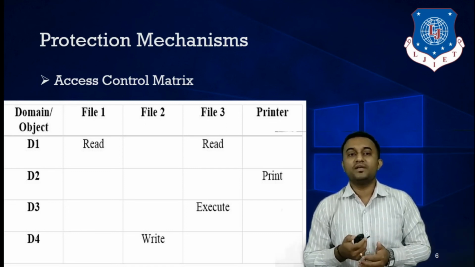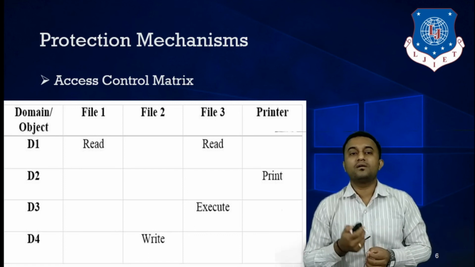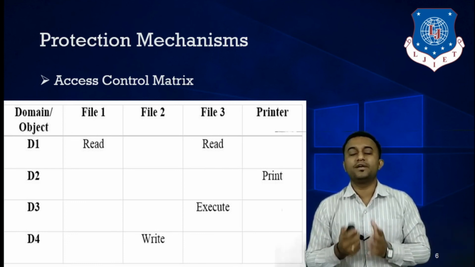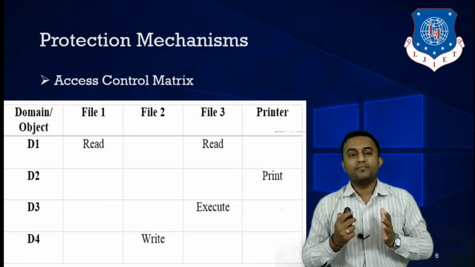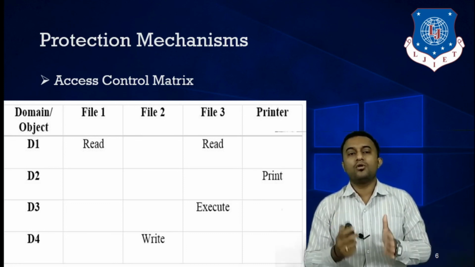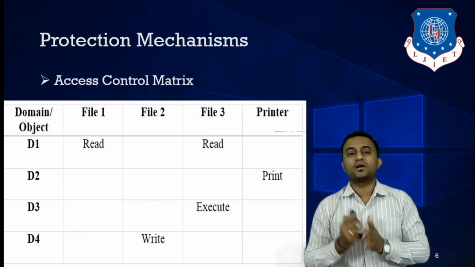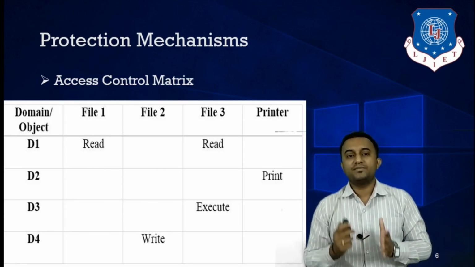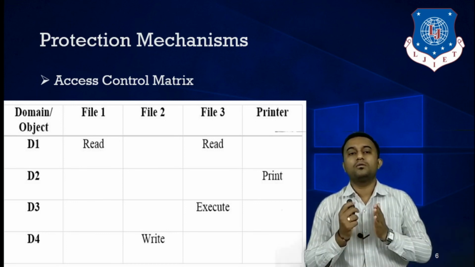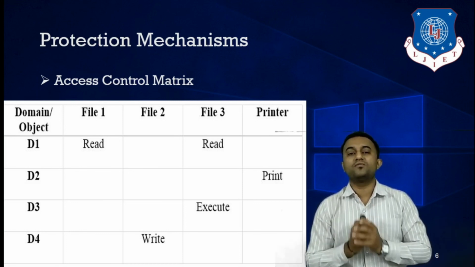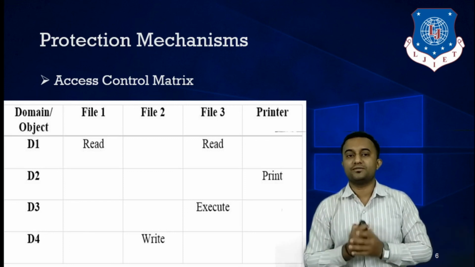In the same way, in this case D1 has privileges on file 1, which is read privilege, or read access right. So based on the role of different employees in a company, the administrator gives the access rights on different resources in the organization.